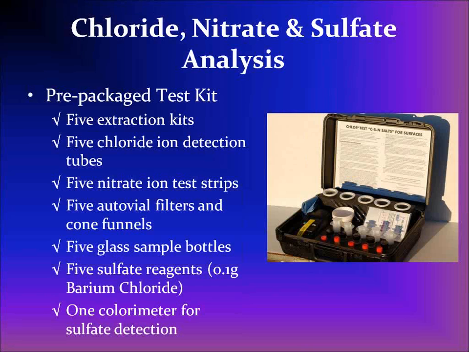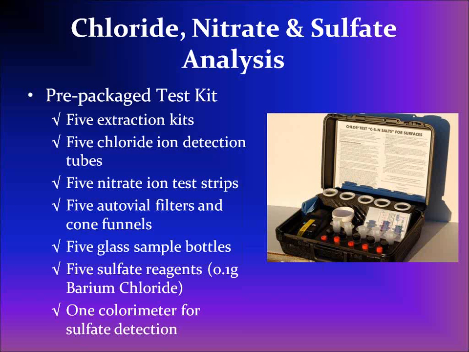If you are required to analyze an extracted solution for nitrate or sulfate contamination, a prepackaged test kit is available, which includes all of the extraction and analysis tools you will need, in addition to the chloride ion detection tubes I just described.